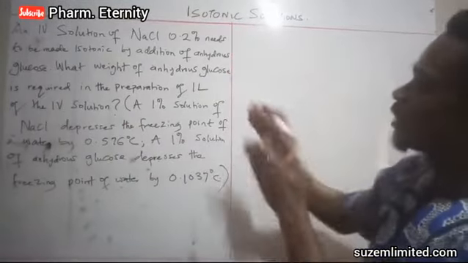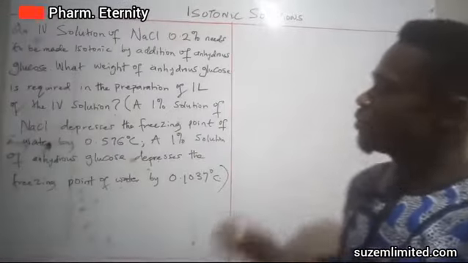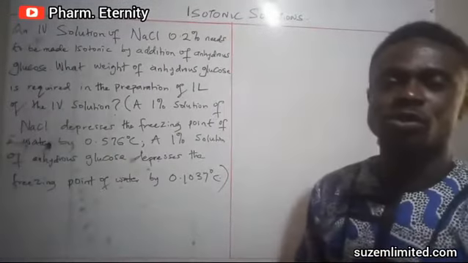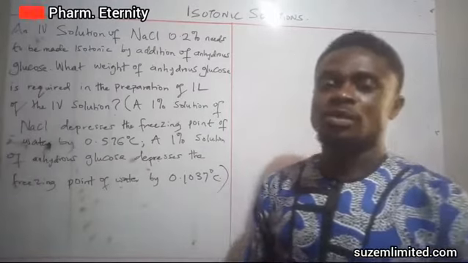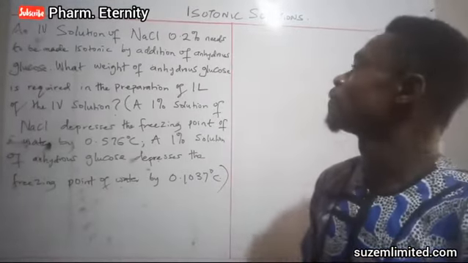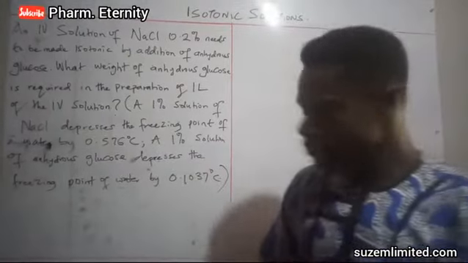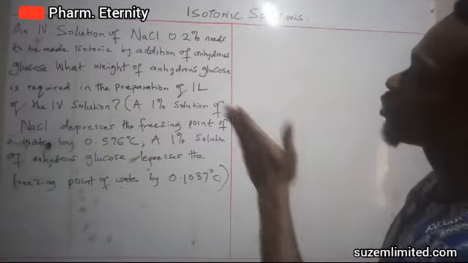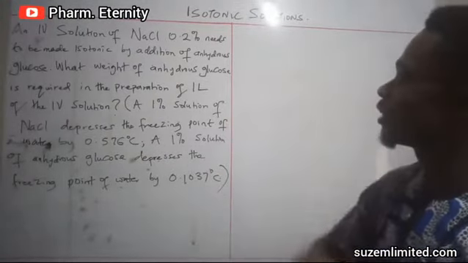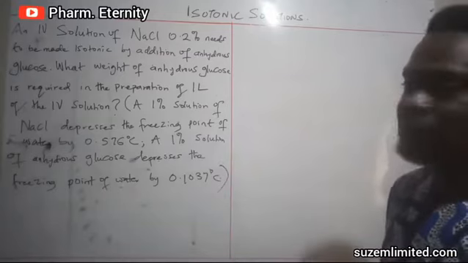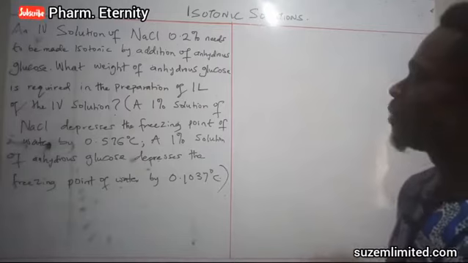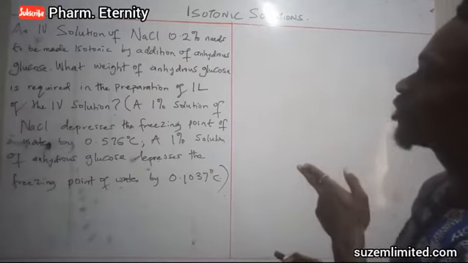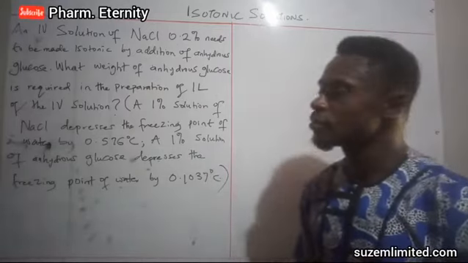Now let's look at these questions. By the time we are done with this question, we'll be able to understand what isotonic solutions are. Let's see what we have here. An IV solution of sodium chloride 0.2% needs to be made isotonic by addition of anhydrous glucose.